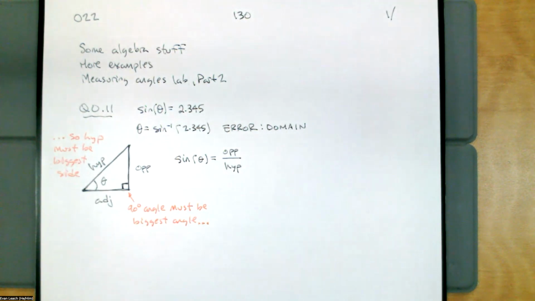In a right triangle, the hypotenuse has to be the biggest side because it's opposite the biggest angle. The smallest side will be opposite the smallest angle. The middle side will be opposite the middle angle.